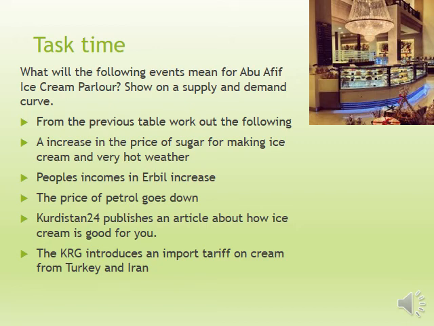Supply will decrease because the price of an input has gone up. Also, it's very hot weather. What do people do when it's hot weather? They have ice creams. Well, that will mean that the demand will increase. So the demand will shift right and the supply will shift left.